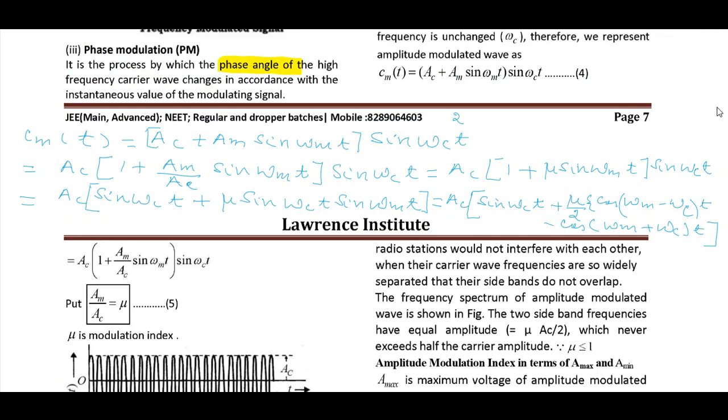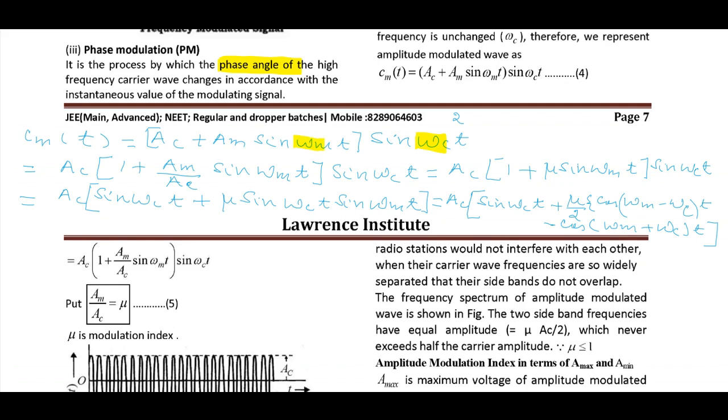Now what is the important point of discussion here? Then we will see that discussion with the support of a diagram. The important point is that the carrier wave was AC sine omega ct. One frequency was the carrier frequency before modulation. Omega c is the carrier frequency.